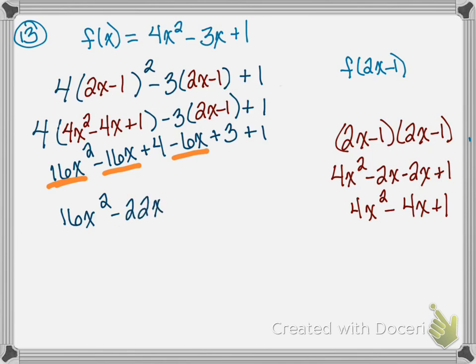And then my last step, I have positive 4, positive 3, and positive 1. And that gives me positive 8. Okay, so f of 2x minus 1 is 16x squared minus 22x plus 8. Okay, let's move on to number 14.